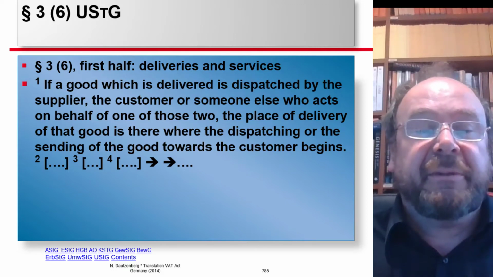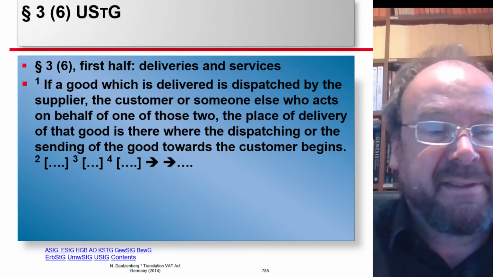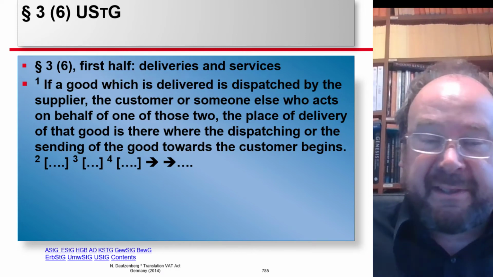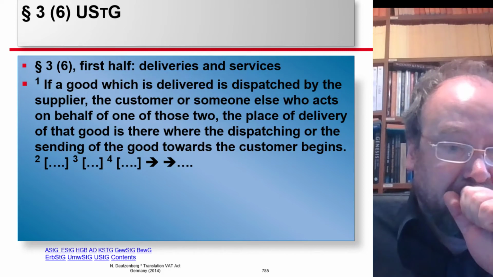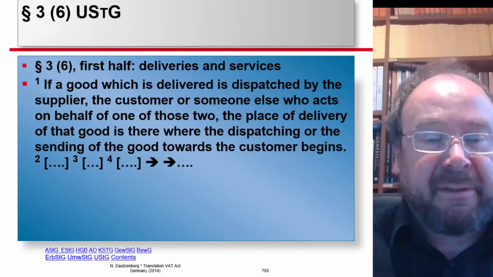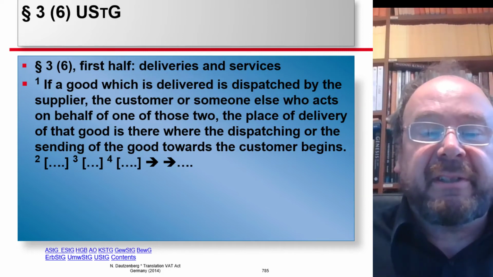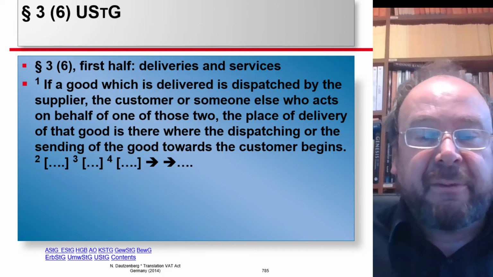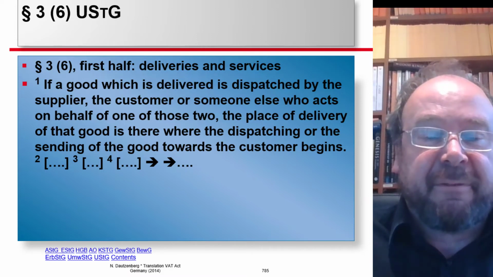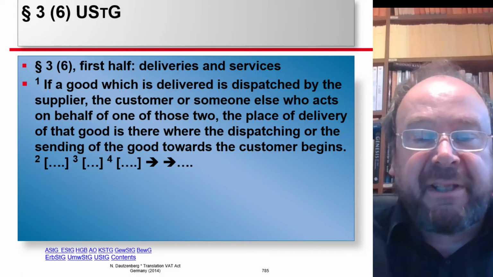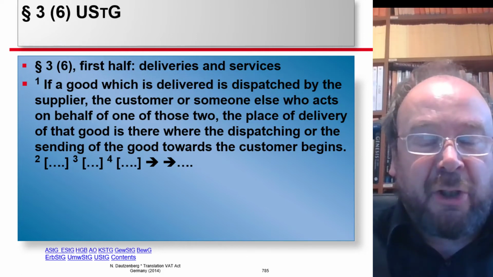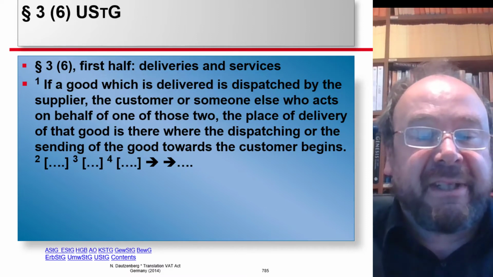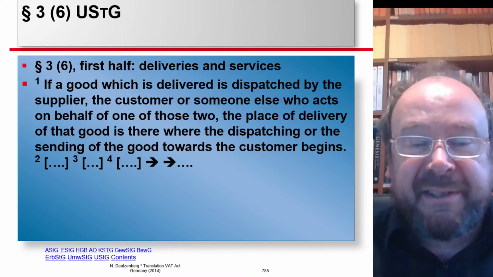And indeed, here we have 3.6, sentence 1. You see that small number here, that's sentence 1 of 3.6. If a good which is delivered is dispatched by the supplier, by the customer, or someone else who acts on behalf of one of those two, then the place of delivery is always there where the dispatching or the sending of the goods, so where the transport towards the customer begins.